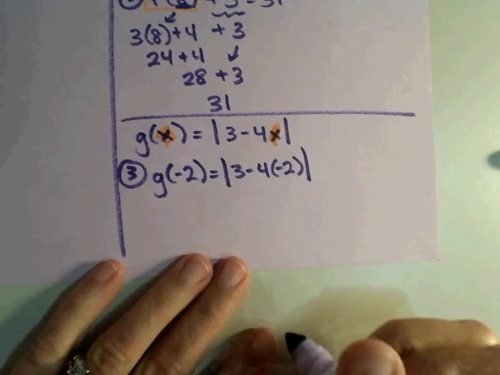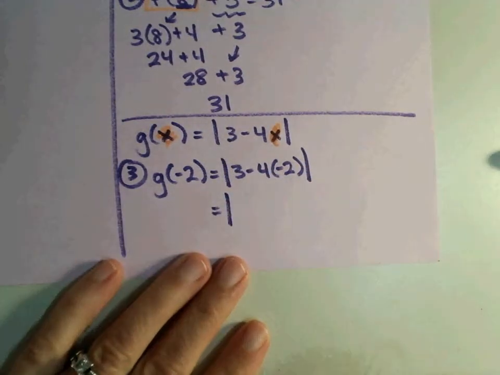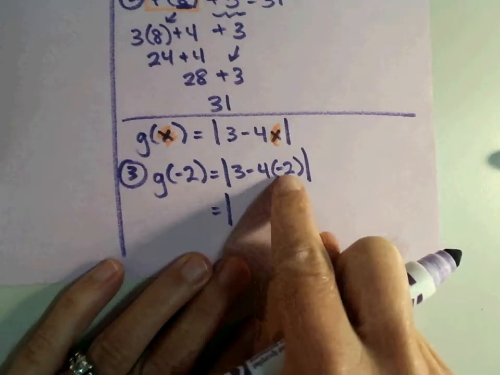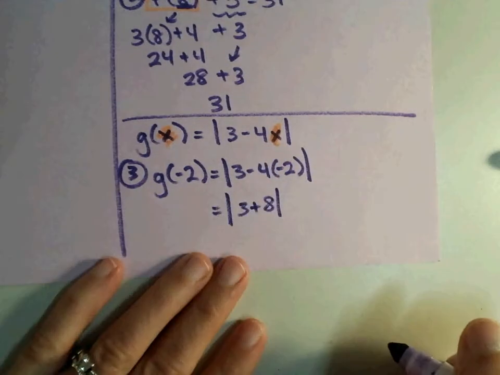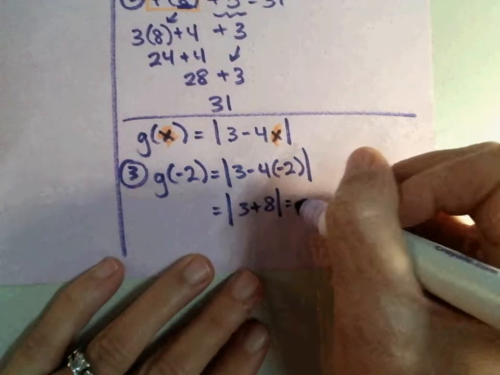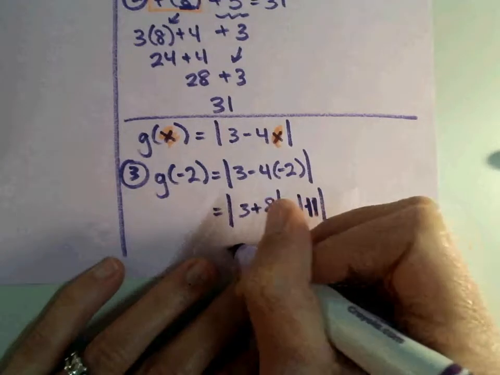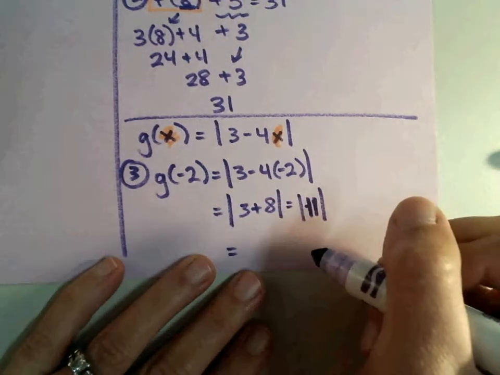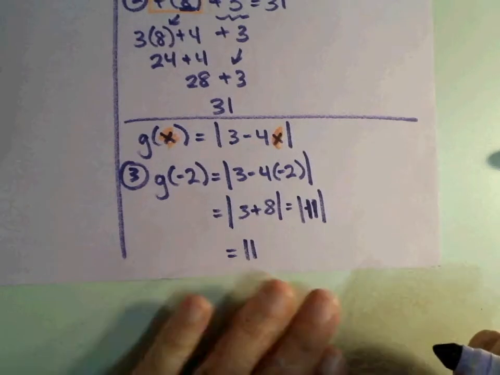Alright, so now I evaluate this. Absolute value bars mean get a number on the inside before you take the absolute value. So -4 times -2 is +8. So 3 plus 8 is 11. So I got the absolute value of +11. How far is +11 from 0? 11 spaces, so the answer is 11.